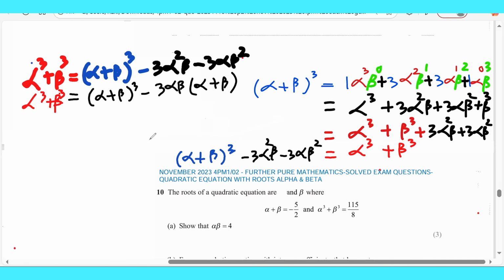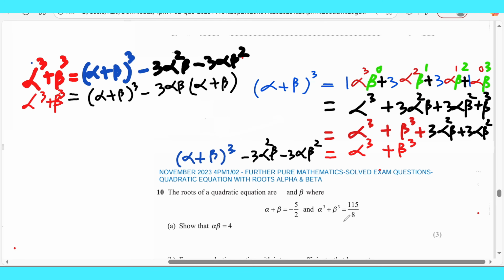Now we can actually count that. By plugging in the values of alpha plus beta and alpha cube plus beta cube, we will get the solution of what is alpha times beta.